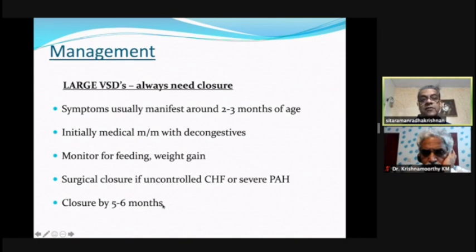Do not wait now for 1 year or 2 years because today the mortality and morbidity for closing a simple ventricular septal defect, not as a part of complex heart disease, is less than 2%. You might treat them with medical management.